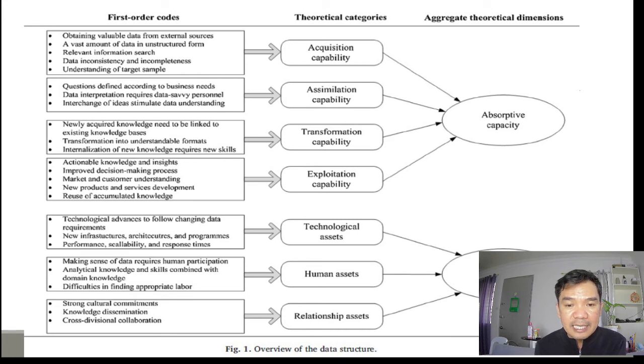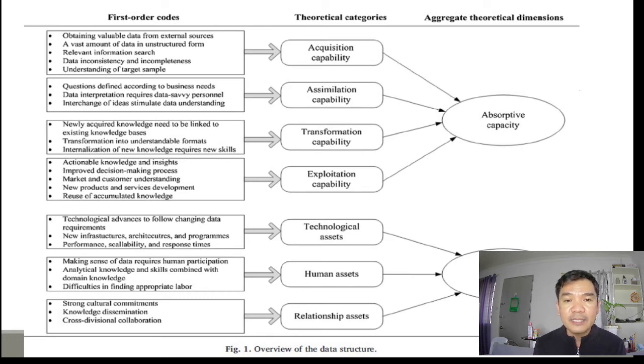For technological assets, we look at technological advances to follow changing data requirements, new infrastructure architecture and programs, performance scalability and response times. Human assets, for example, making sense of data, analytical knowledge and skills combination, and difficulties in finding appropriate labor.